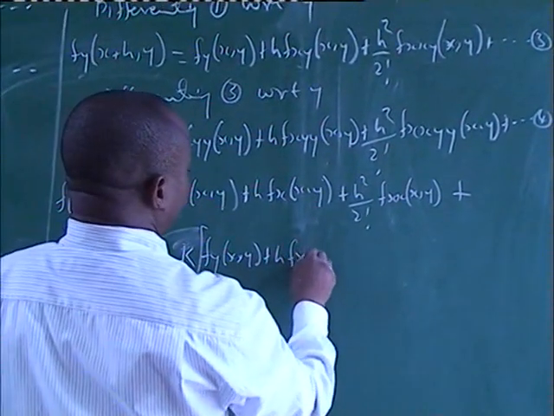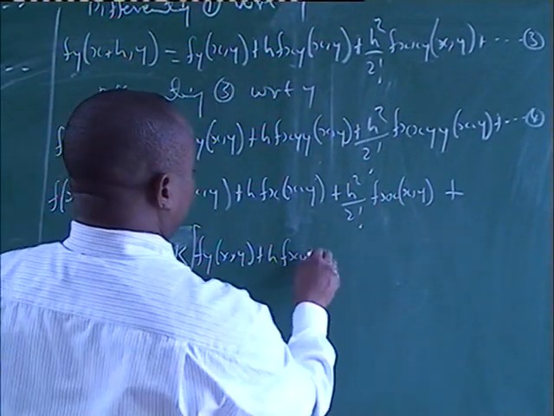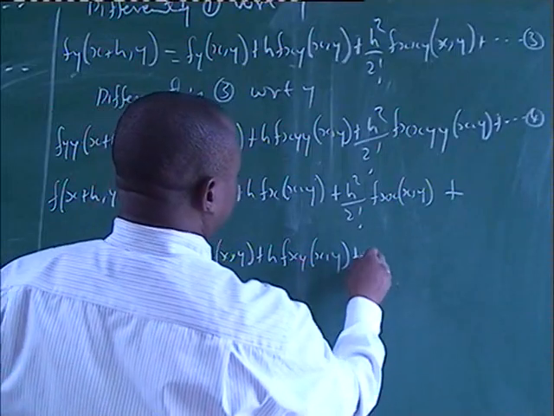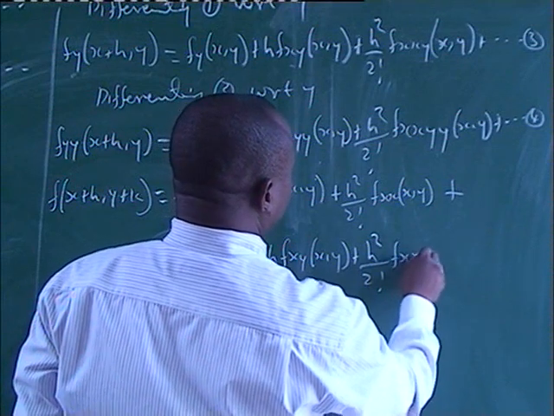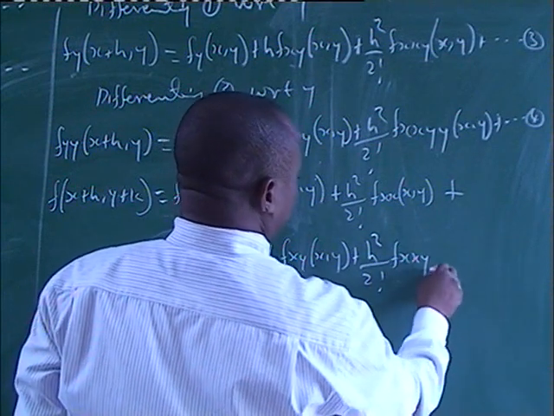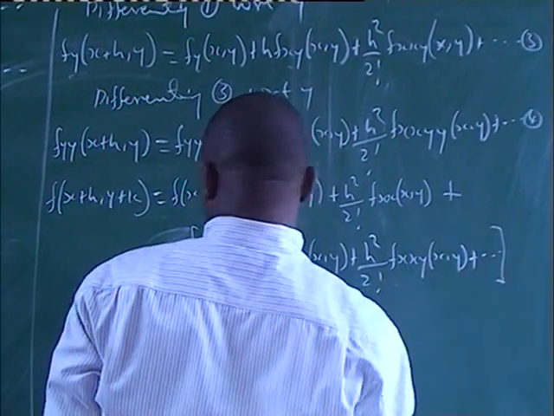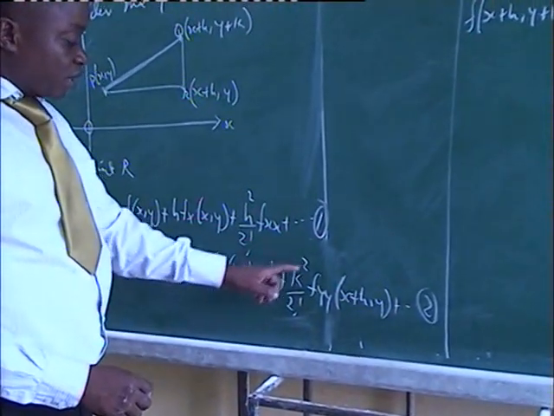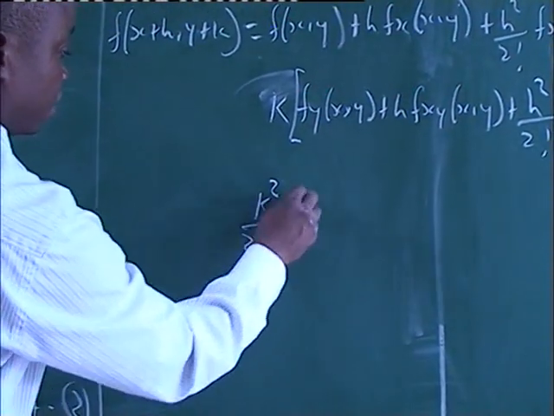Then we have the cross partial of x and y, plus h squared over 2 factorial, then xy of xy. Now we are finished with that. Plus k squared, that is k squared over 2 factorial.